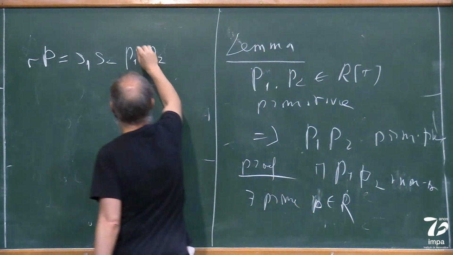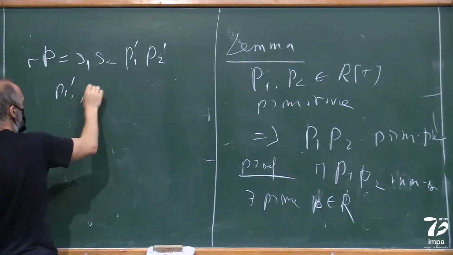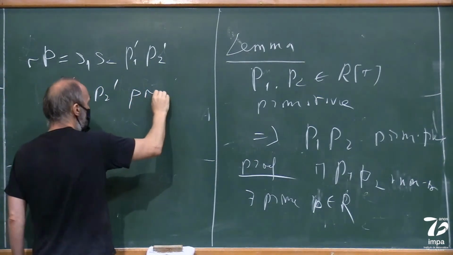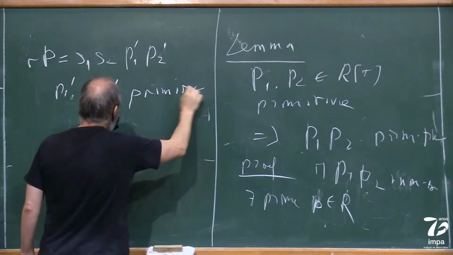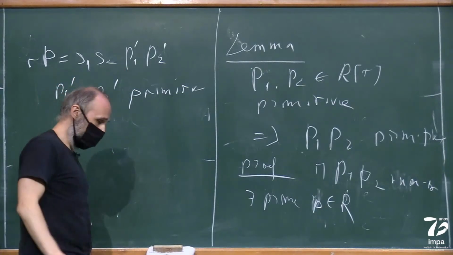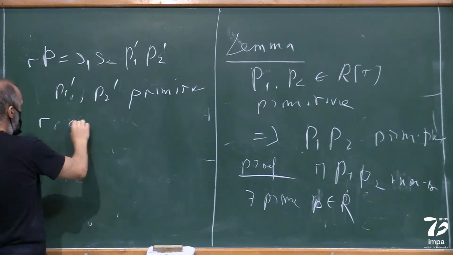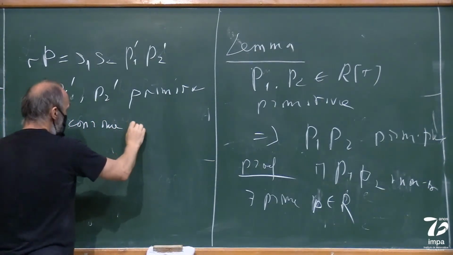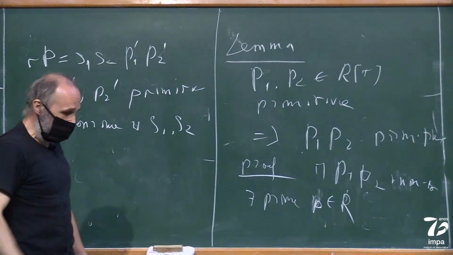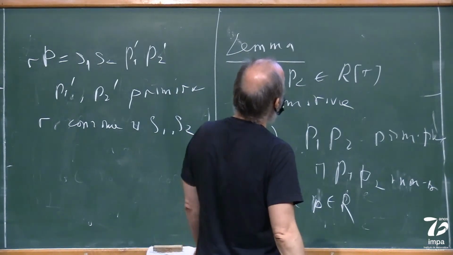We get P', P1', P2', and we can assume that P1', P2' are primitive. If they're not primitive, we just increase this S, we move this to S. And also we can assume that R is coprime with S1 and S2. If it's not coprime, you just divide by the corresponding divisors, and you arrive at the situation where it is coprime.